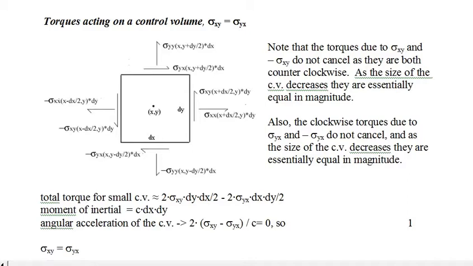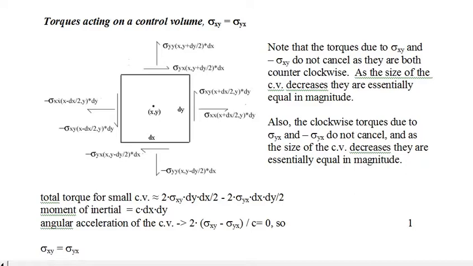So the left and right sides exert a counterclockwise torque of 2 times sigma xy times dy times dx over 2 on the control volume. Similarly, the top and bottom sides exert a clockwise torque of 2 times sigma yx times dx times dy over 2 on the control volume.